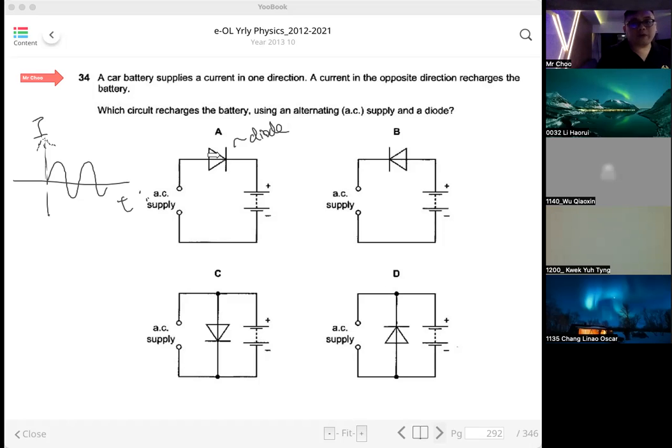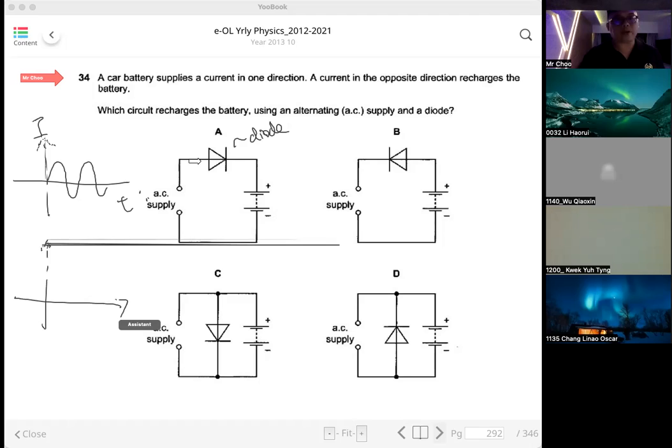So when we have a diode, you only allow the current to move in one direction. So if there is an AC current and there's a diode inside the circuit, you will see something like this.